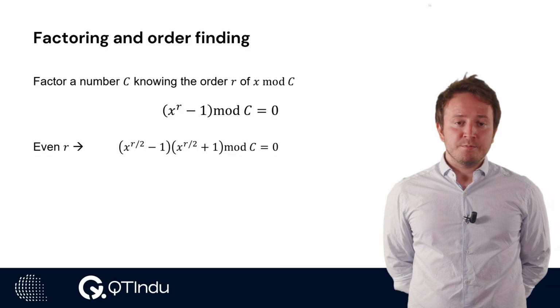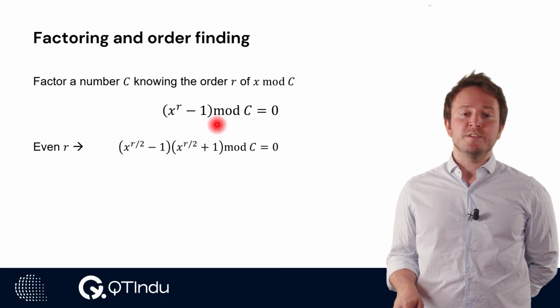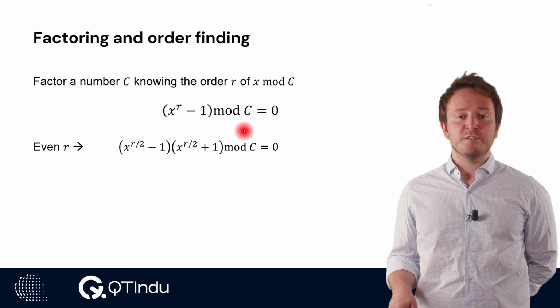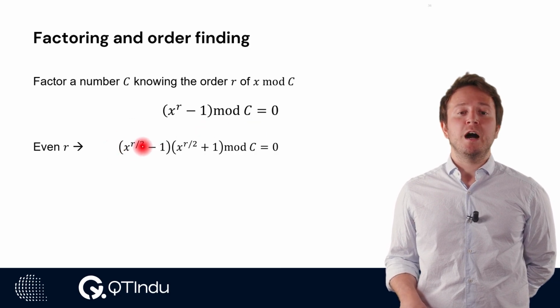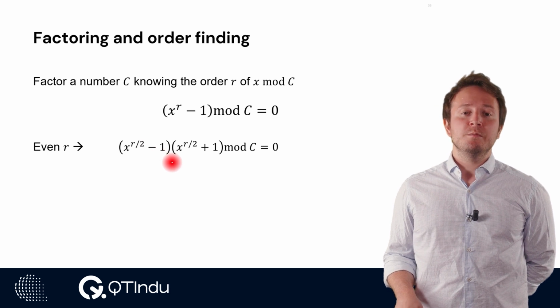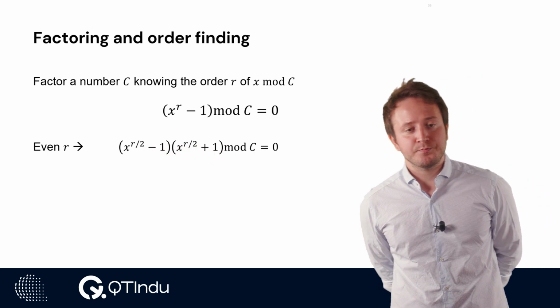This is very important because if r is an even number, then we can decompose this equation by considering that (x to the power r/2 minus 1) times (x to the power r/2 plus 1) modulo c is equal to 0.